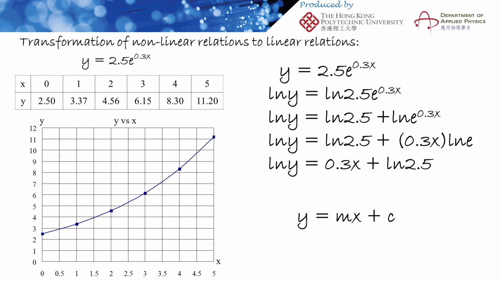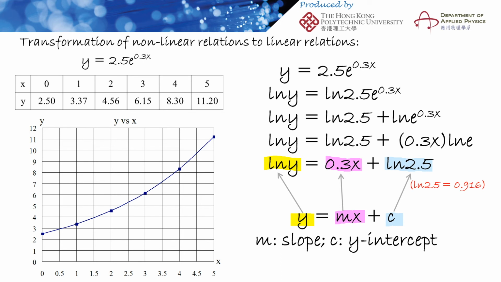By comparing to the equation of the straight line y is equal to mx plus c, natural log y is just like y, 0.3x is equal to mx, and the natural log 2.5 is equal to c. We know that m is the slope and c is the y-intercept of the line.